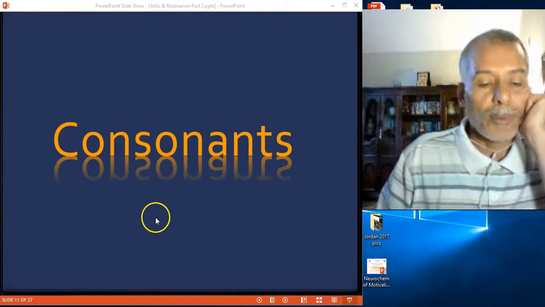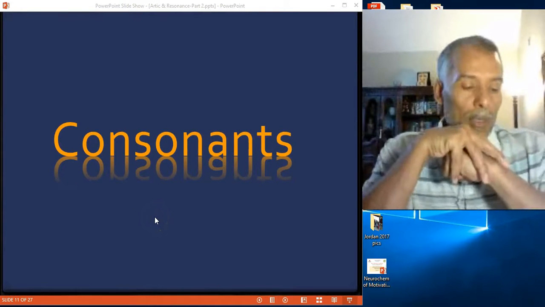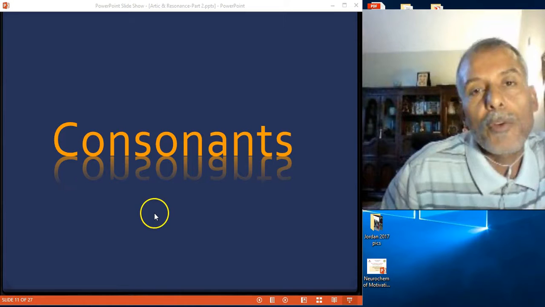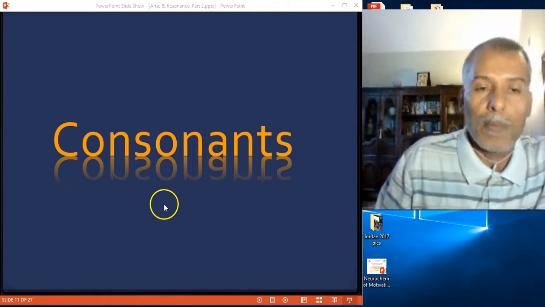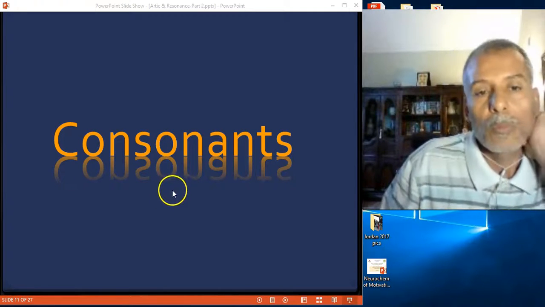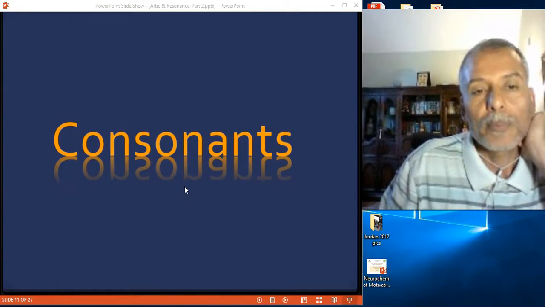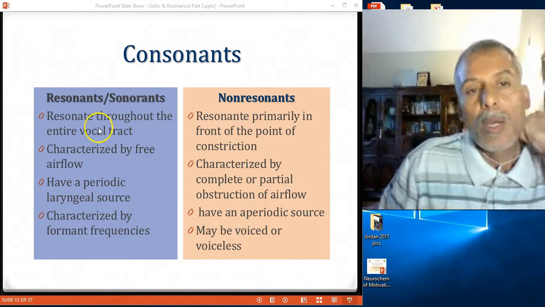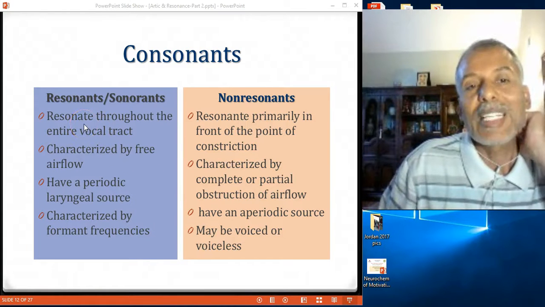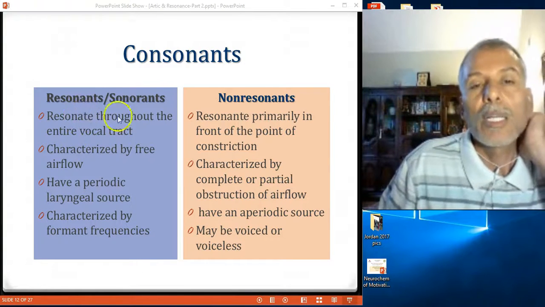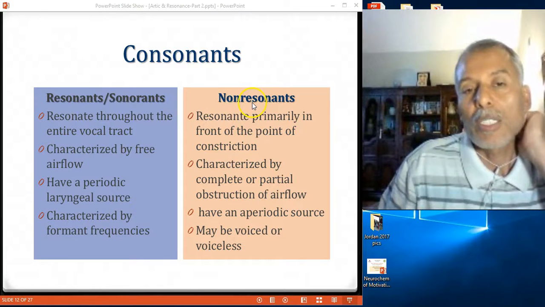For consonants, there are two different categories. The first category is called resonant consonants. The second one is called non-resonant consonants.